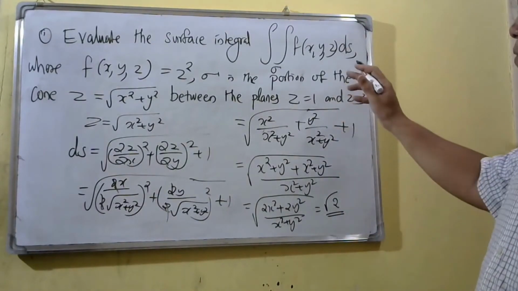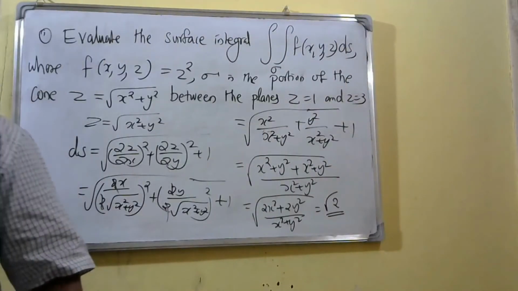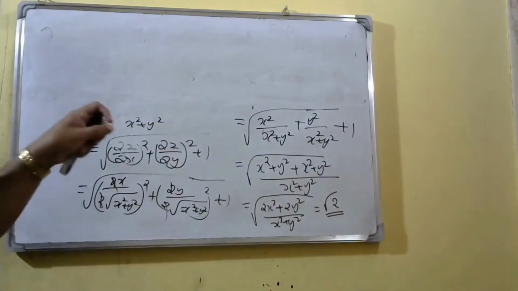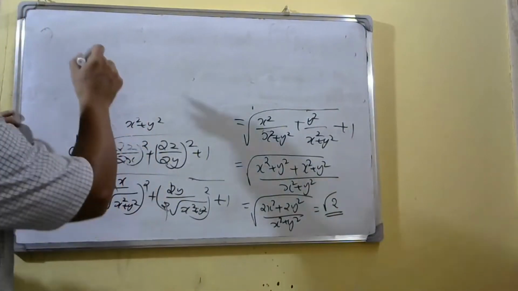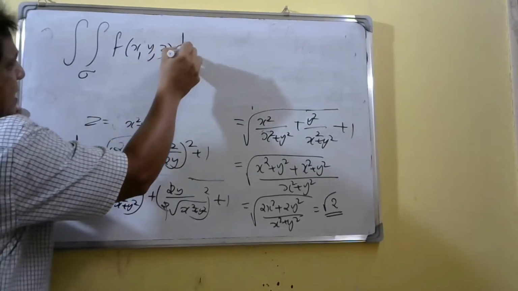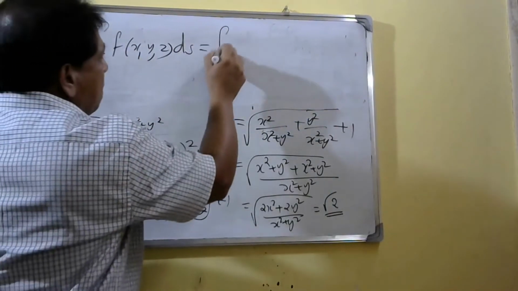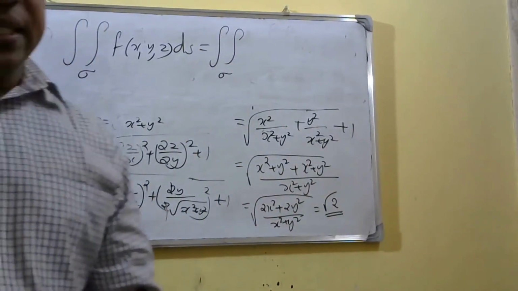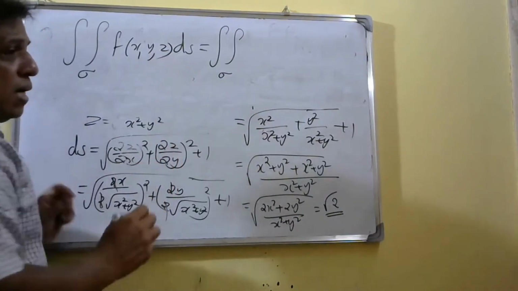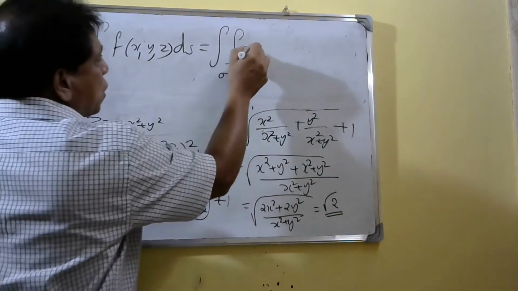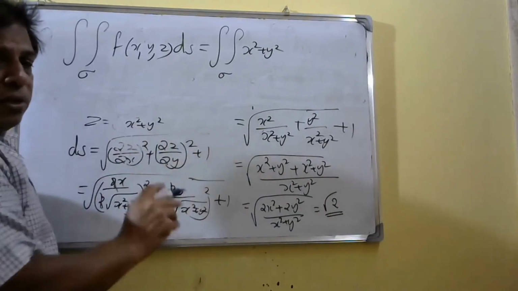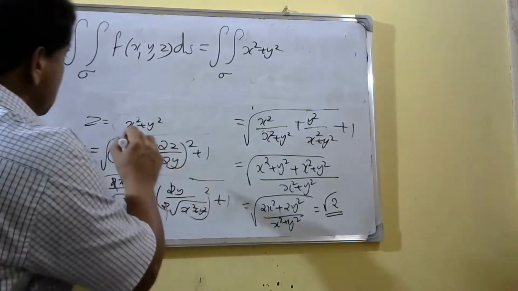Then we can write the equation as double integral sigma f x y z ds, which is z square into ds. Here z is equal to root of x square plus y square.